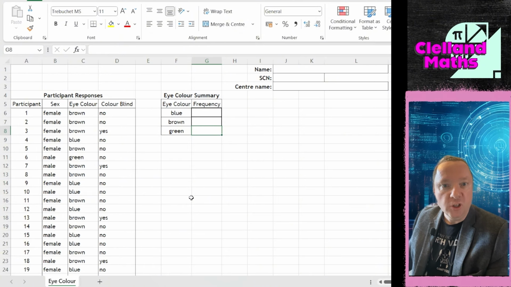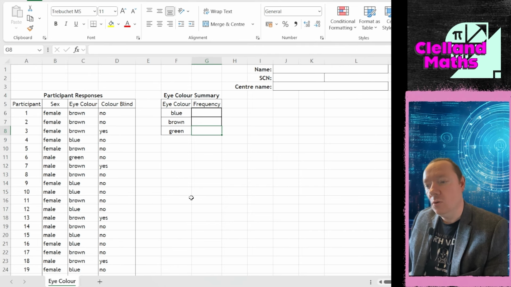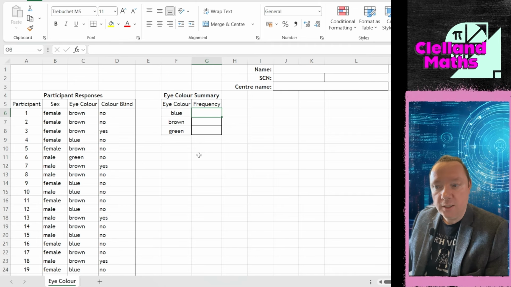It doesn't say you need to use a formula. So I think there is a chance that if you were to just count them blindly and put in the number, you might get the mark, although I don't think they want you to do that. I think they want you to use a function. I'm going to use a function, and we won't know until the actual mark scheme comes out whether you're getting a mark for the function, because the question doesn't tell you either way. But I will use a function.